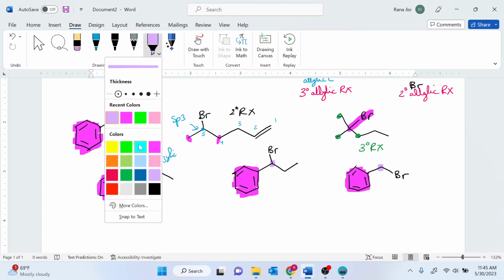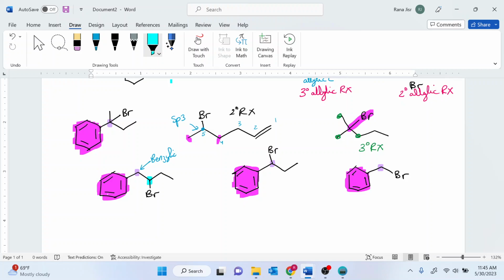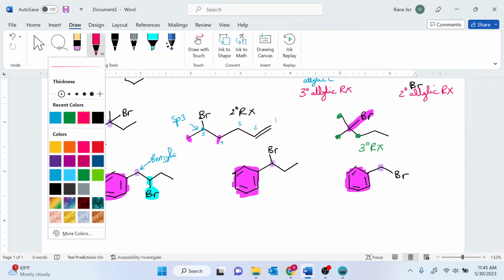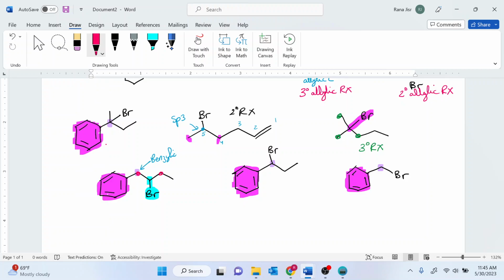So I'm going to name this as a regular alkyl halide. You're going to highlight the carbon that is connected to the bromine and see how many carbons it is connected to. It's connected to 2 carbons, so this guy is going to be a secondary regular alkyl halide. As for these examples, the bromine is directly on the benzylic carbon.